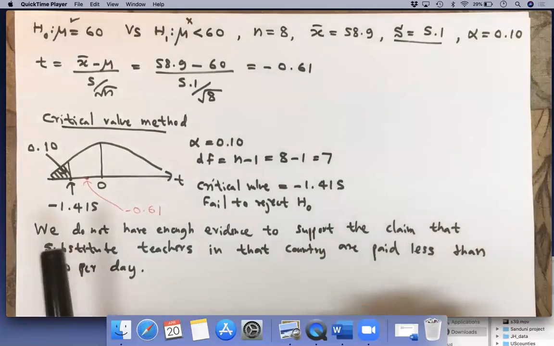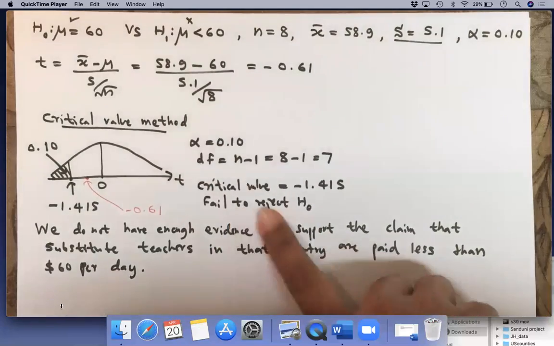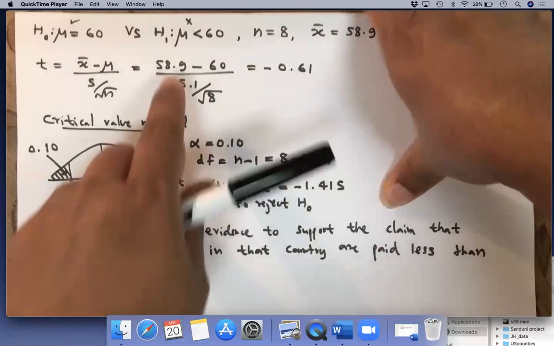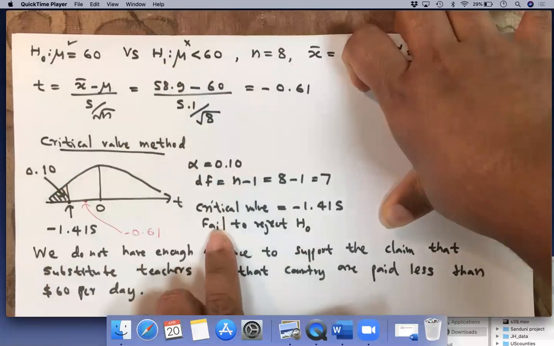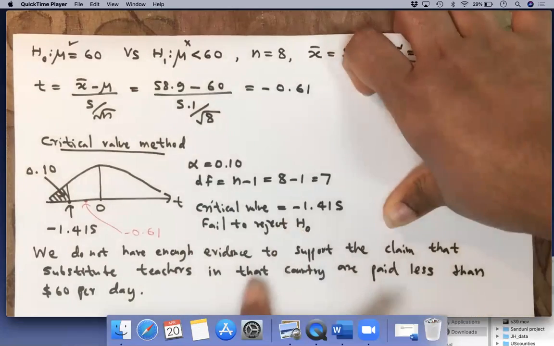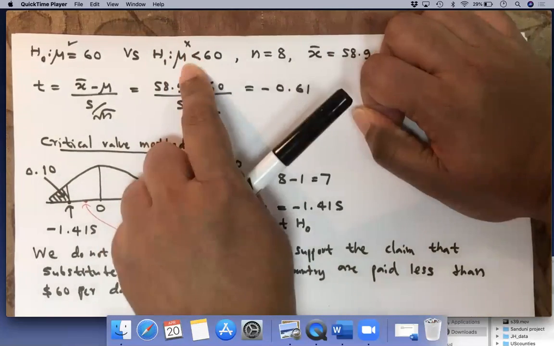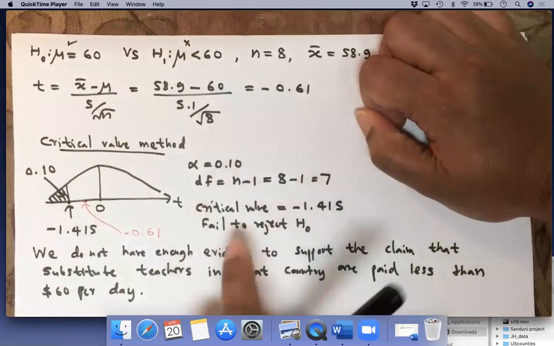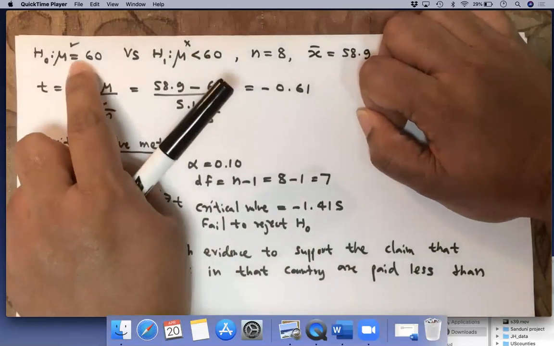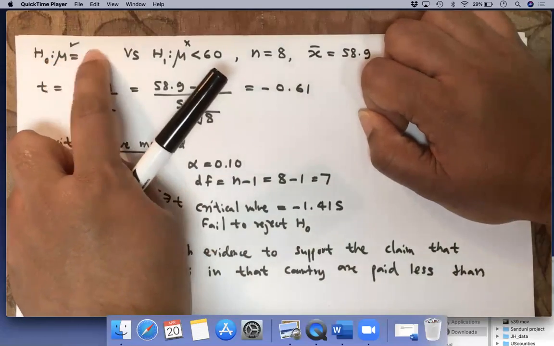It's very simple. You have to understand what your result is. It's fail to reject. So we cannot say H1 is correct, because we fail to reject H0. The alternative is wrong because we cannot reject H0. So fail to reject means the null is correct.